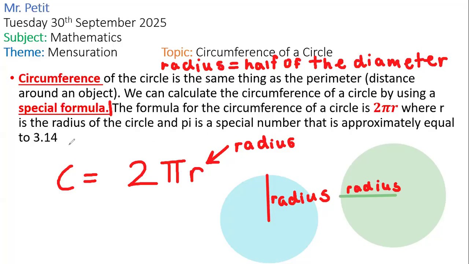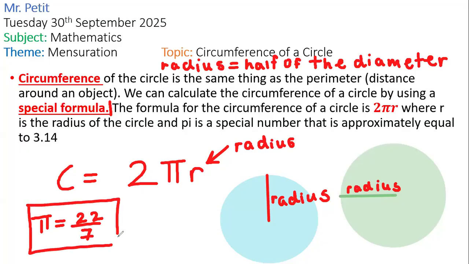So it doesn't have to be 3.14. It can also be written as a fraction. So what is the fraction? 22 over 7. Very good. 22/7. So pi is also 22/7. So basically, whatever they tell you pi is, you have to use that. Okay, 22/7.